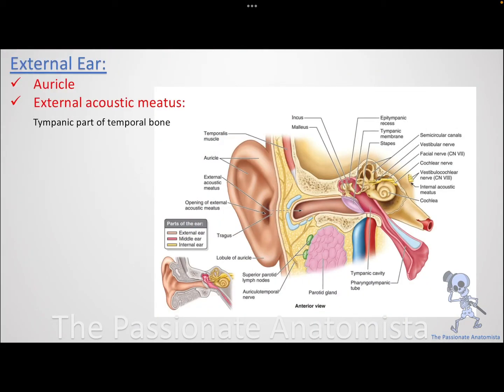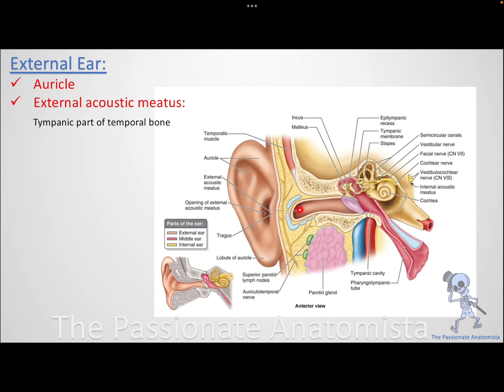Now, moving on from the auricle itself, we have the external acoustic meatus. The external acoustic meatus is actually the canal that's gonna take the sound waves all the way from the surrounding environment to start to vibrate the tympanic membrane, or your eardrum.